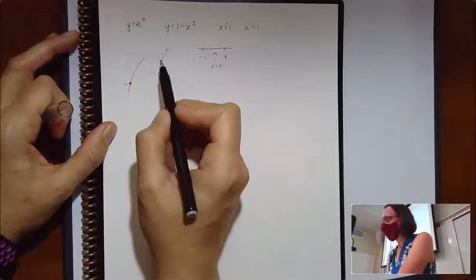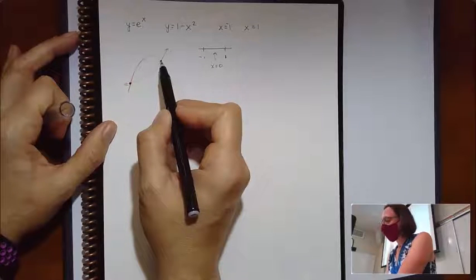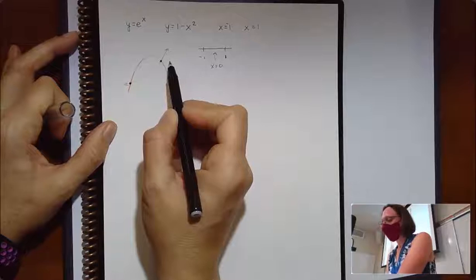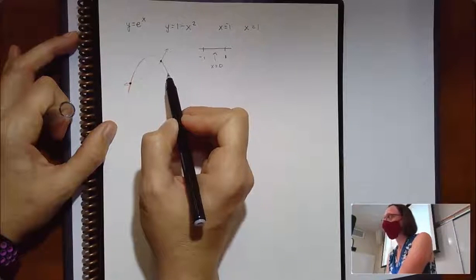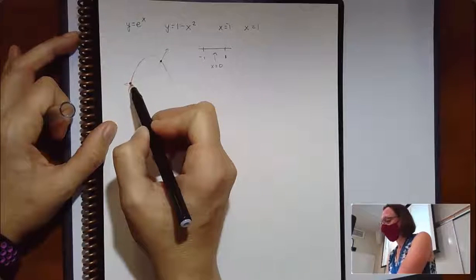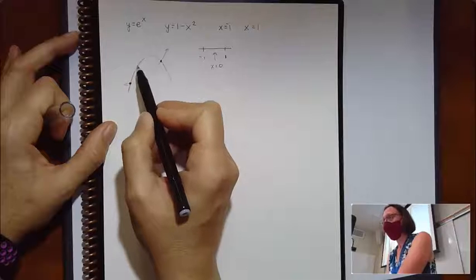If that's x equals 0, then when I plug something bigger than 0 in, the exponential should be on top and the parabola should be on the bottom. But if that's 0 and I plug something bigger than 0 in, then the parabola would be on top.